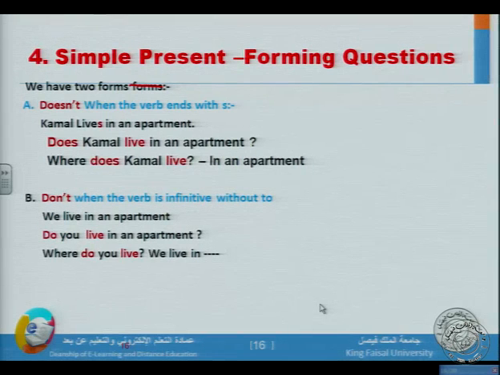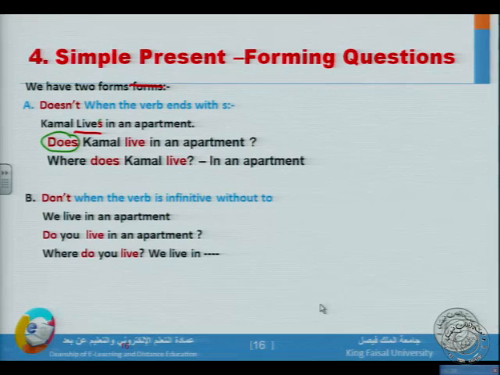For example, Kamal lives in an apartment. وين الفعل؟ lives. شو بنتهي؟ في S. إذا لازم نستخدم does. فشو بنحكي؟ Does Kamal live in an apartment?